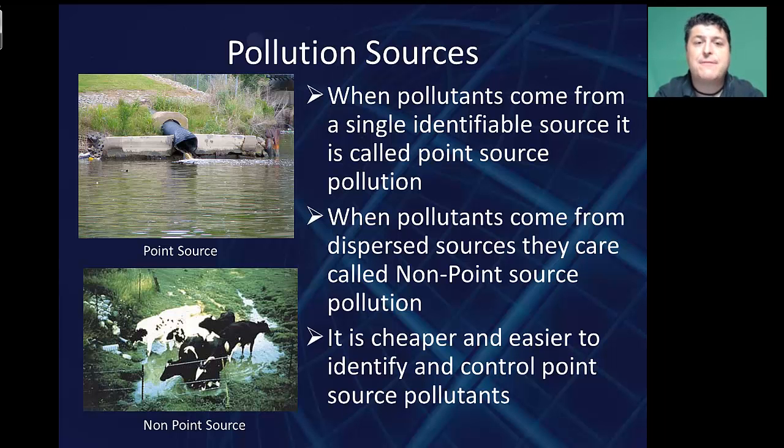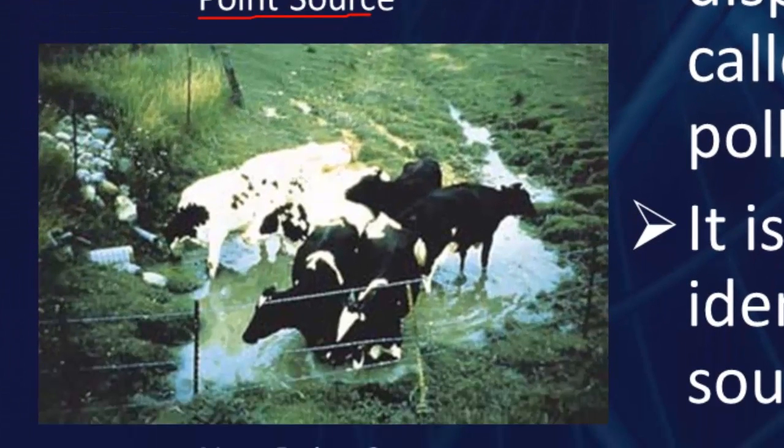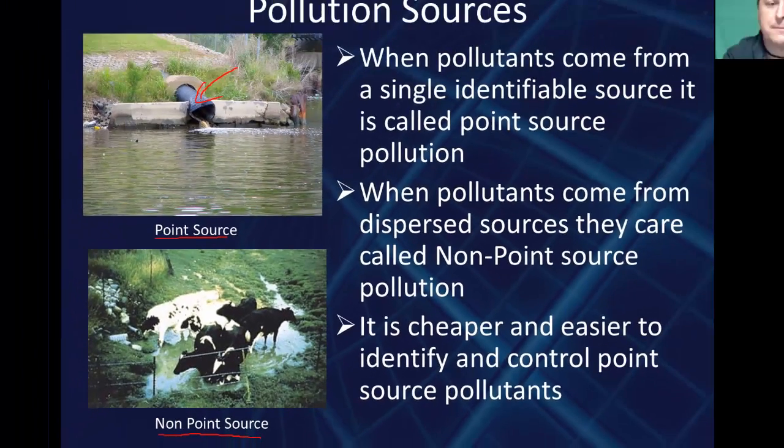Typically, we classify pollution as being of either point source or non-point source origin. Point source pollutants come from a single identifiable source, like this effluent pipe. Whereas non-point source pollution comes from dispersed sources, for example, multiple farms with multiple cows from all over a particular region.